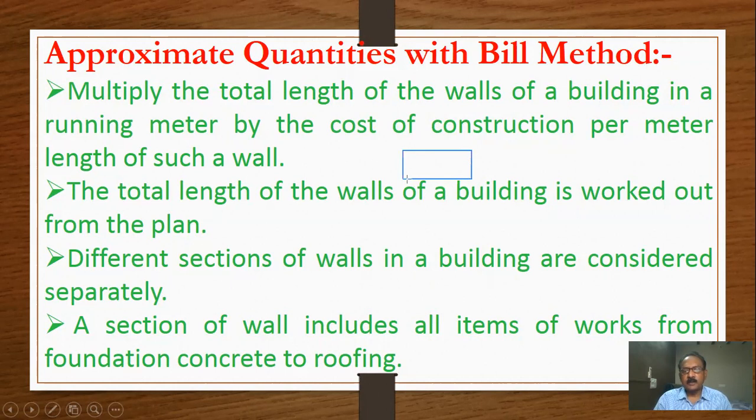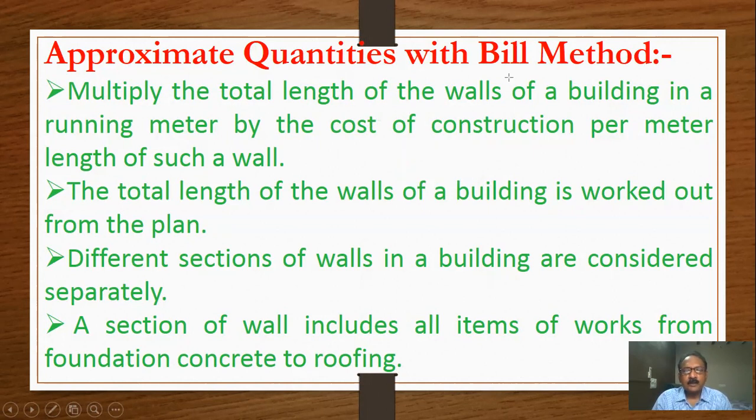This is again equal, 5 meters, 2 meters. What is the total length? 5 plus 5 plus 2 plus 2, that is total 14 meters. So 14 meters, suppose the cost of construction per meter is rupees 5,000. So 5,000 into 14 meters. Like that, according to length, we have to calculate.